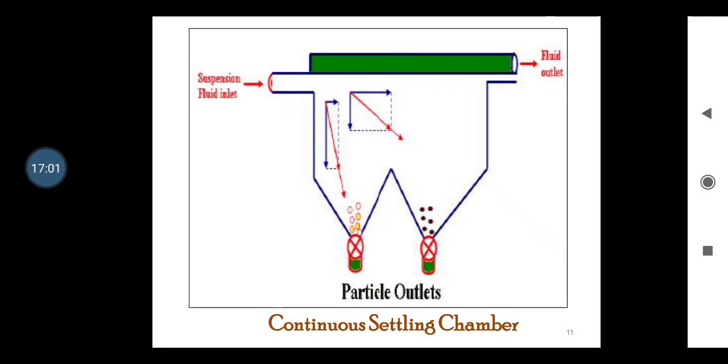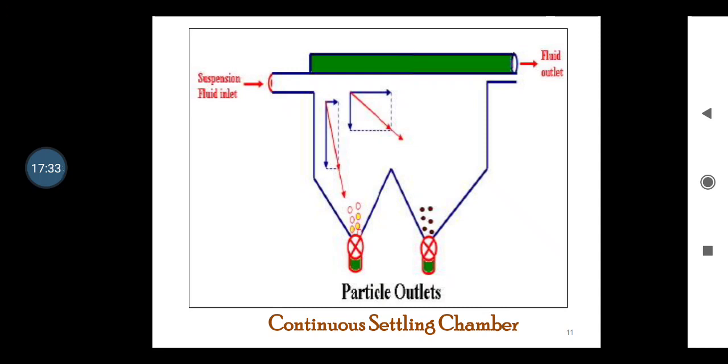And if your suspension contains particles of quite small size, due to their low density they will remain entrained in the fluid flow, and due to their lighter weight they will not sediment at the bottom. They remain in the fluid stream, and through the fluid outlet your particles get separated out.